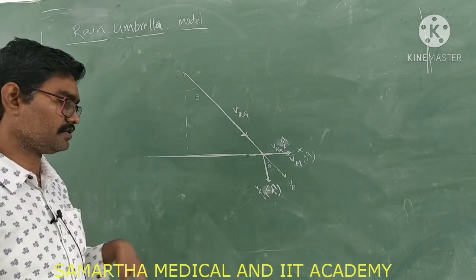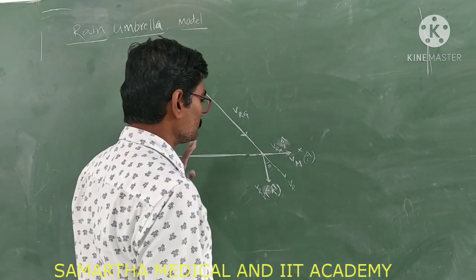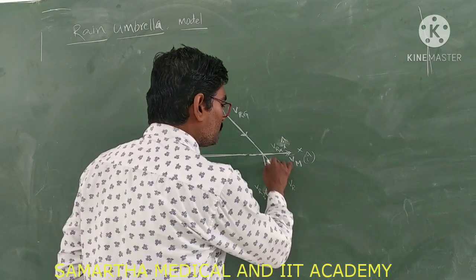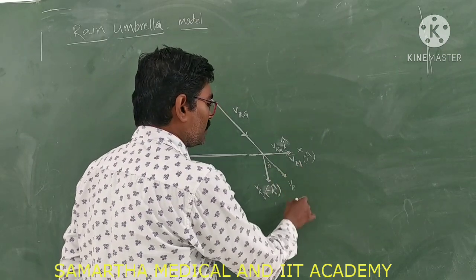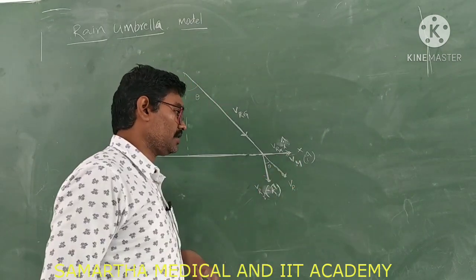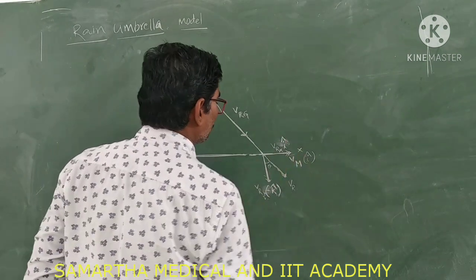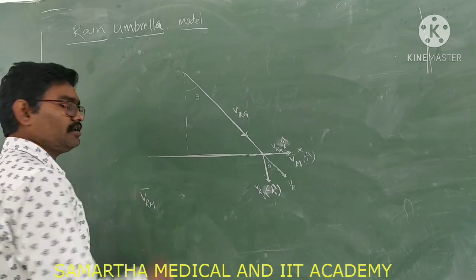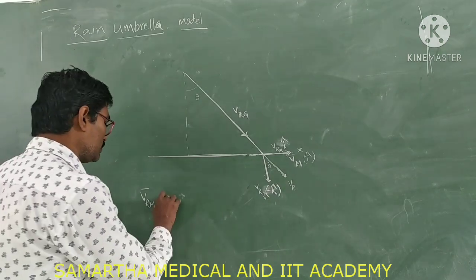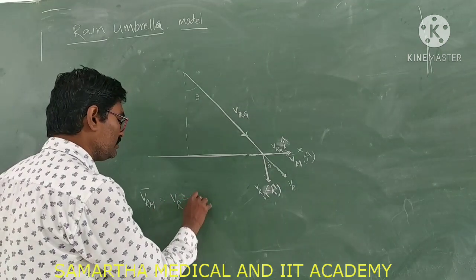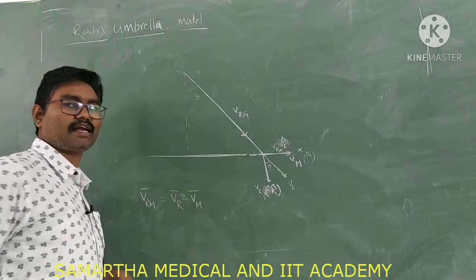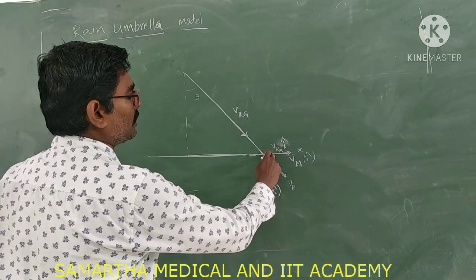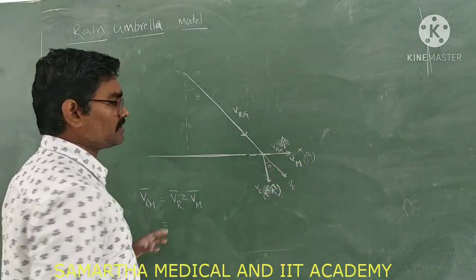Great. Now see here, this is the original velocity of rain with respect to ground. Now I need to calculate the relative velocity, so velocity of rain with respect to man. What is the formula? Velocity of rain minus velocity of man. Consider both are in the same direction.